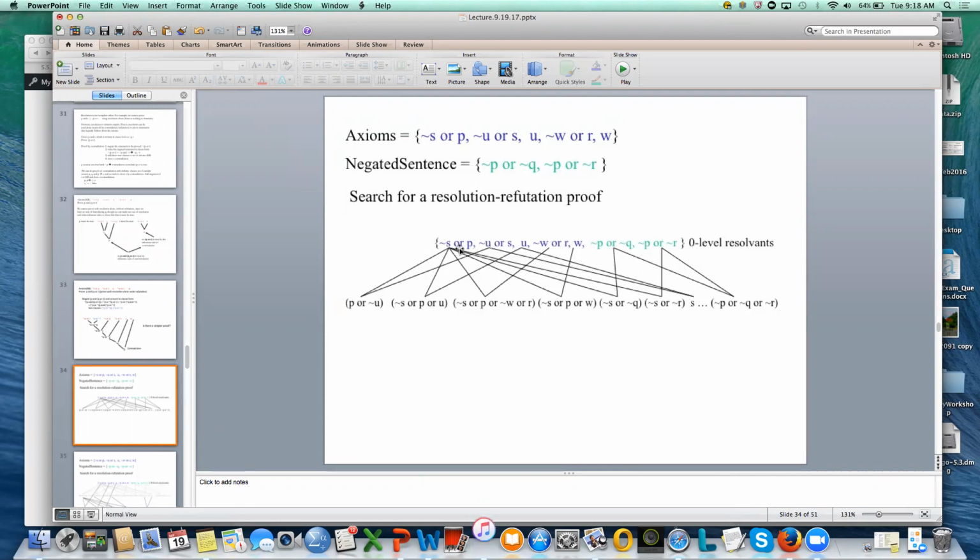So these two statements would certainly be resolved, and they would become a candidate because in this case the S's would cancel.